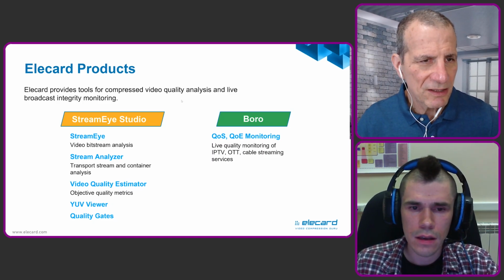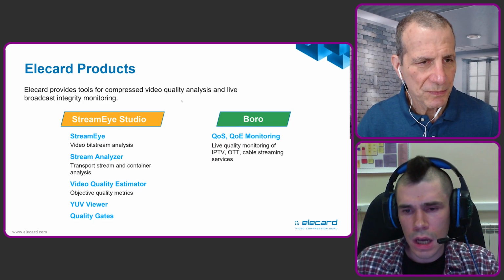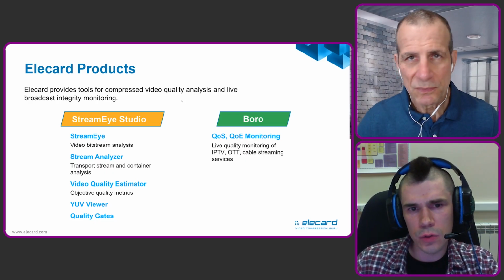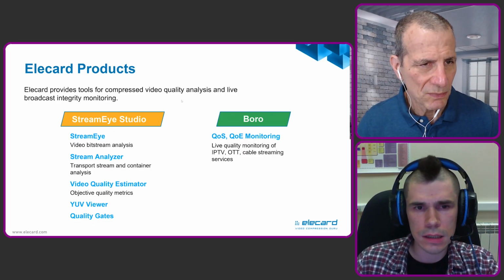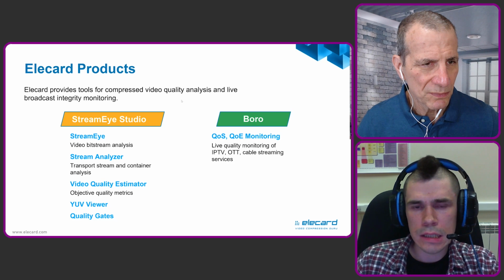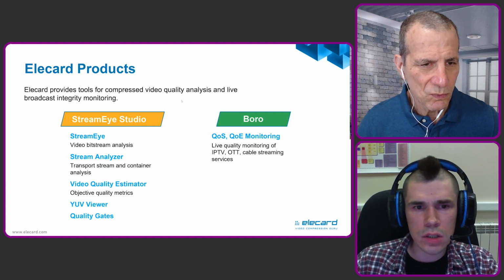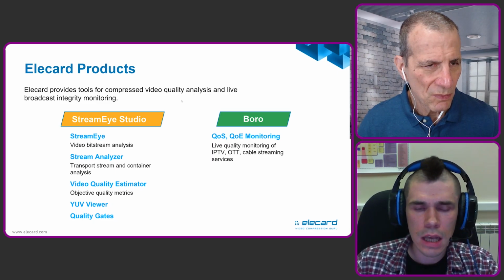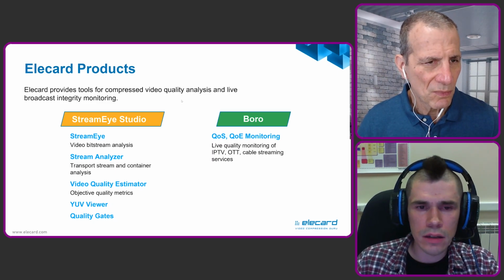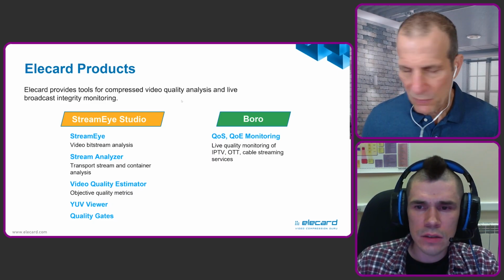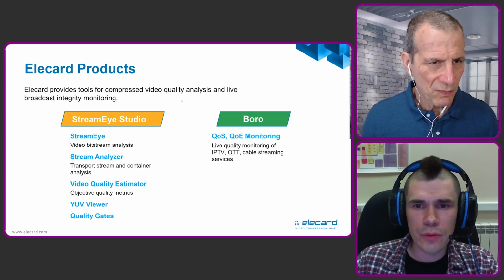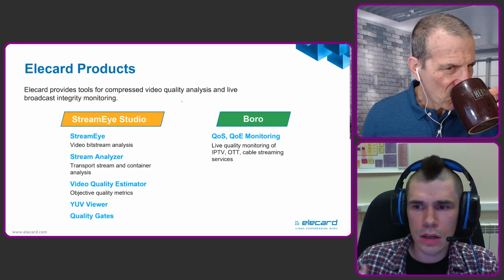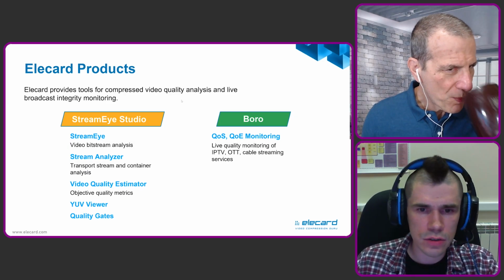Okay, so tell us about StreamEye Studio. So StreamEye Studio is a set of tools for file-based analysis. It has 5 products inside, and the main product is StreamEye, which is for deep video bitstream analysis. Next one is Stream Analyzer, which was designed for transport stream validation and checking different containers.